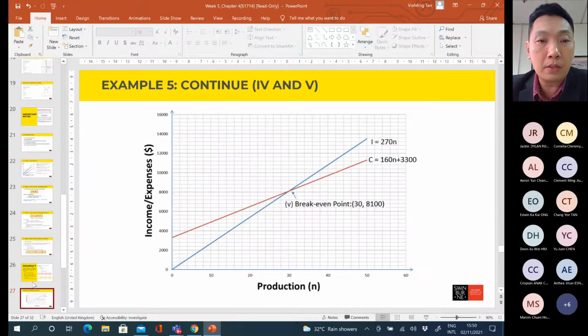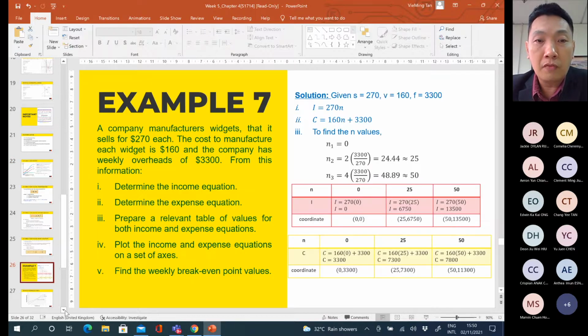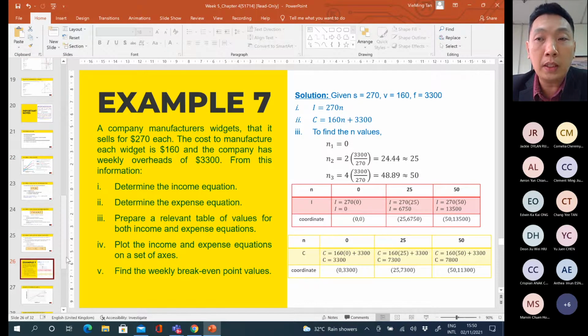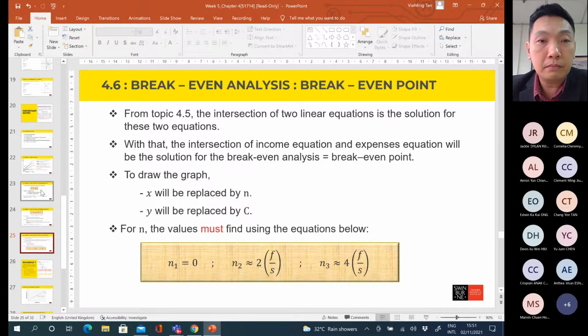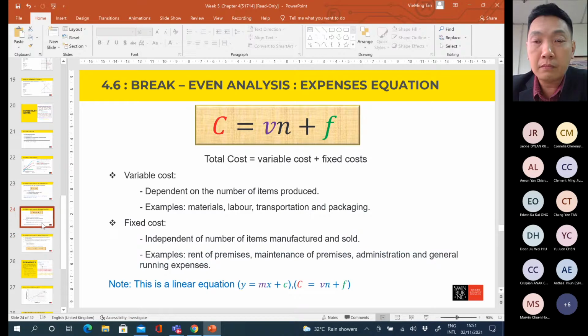Okay, how about variable cost? The second cost. Variable cost will increase when the quantity of production increases. So the variable cost will increase when N increases, which is this part. The total variable cost is equal to variable cost per unit multiply number of quantity sold.